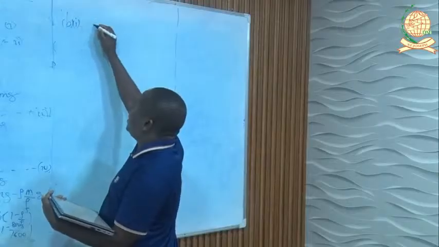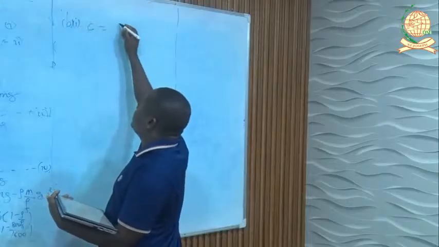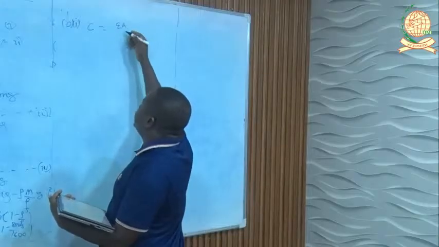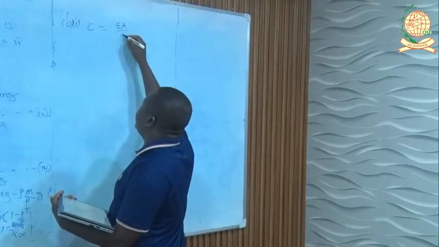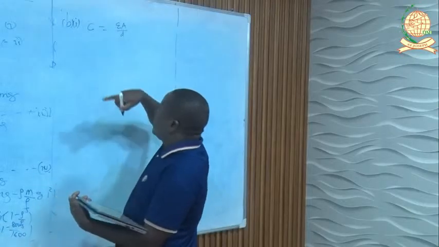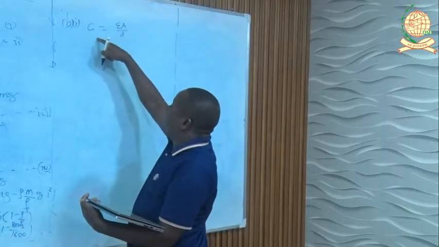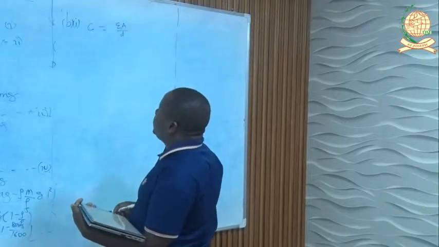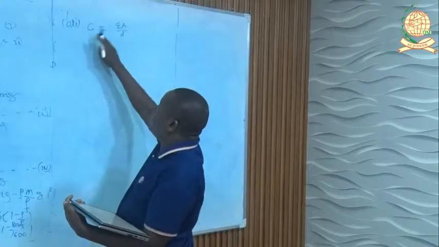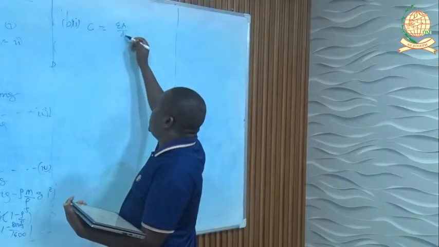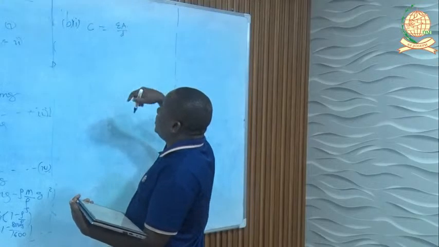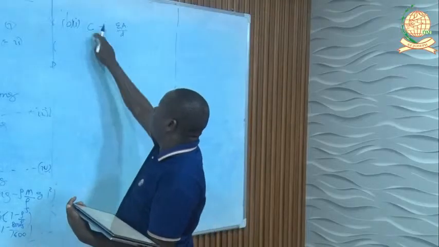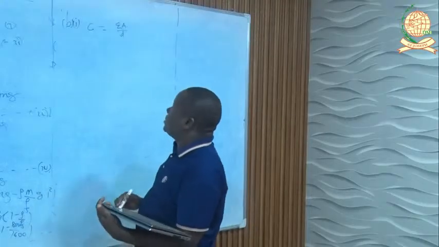Capacitance of a parallel plate capacitor is given by permittivity times area divided by separation. So what are the factors affecting this one? First is the surface area of the plates, which is directly proportional. The second is separation distance, which is inversely proportional. That means if we increase the separation, the capacitance decreases and vice versa.